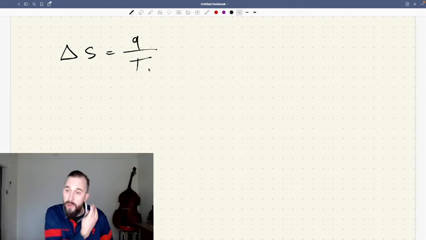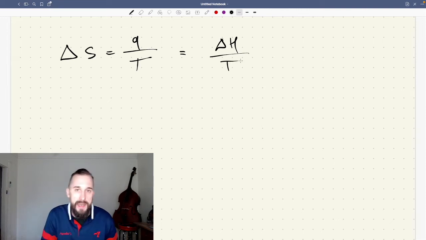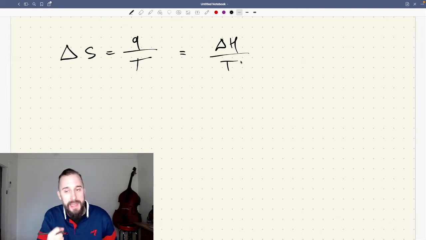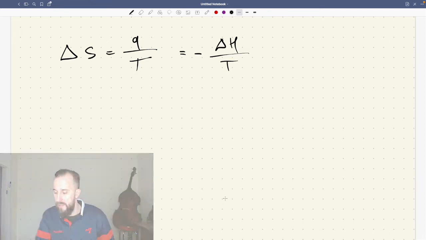Well, what's the factor that is determining the energy that's given off or taken in? It is the enthalpy change. So our Q is coming from our ΔH. That's where the energy is coming from. Is that energy taken in, or is that energy given out? So we can calculate the ΔS of the surroundings via this equation, where we pop a negative sign in front of it for reasons I'll discuss right now.